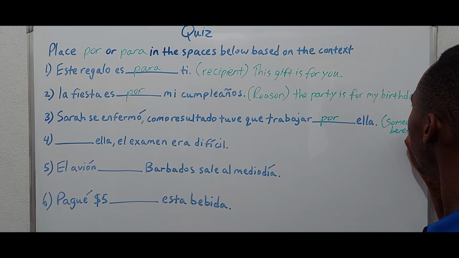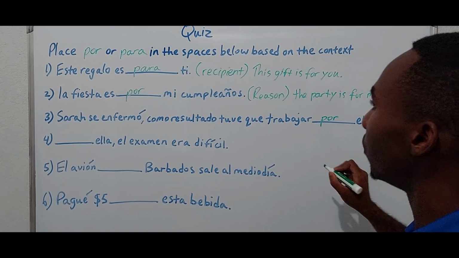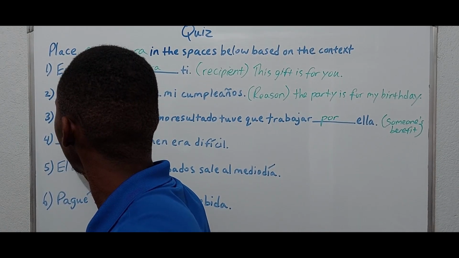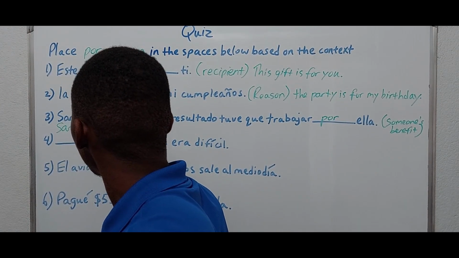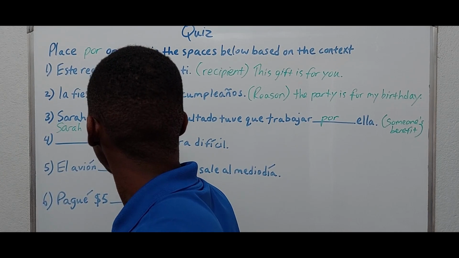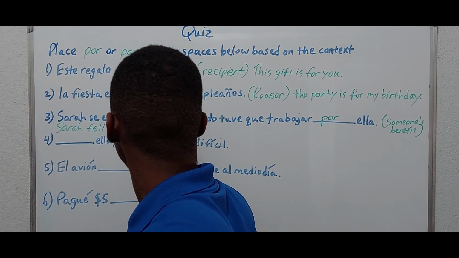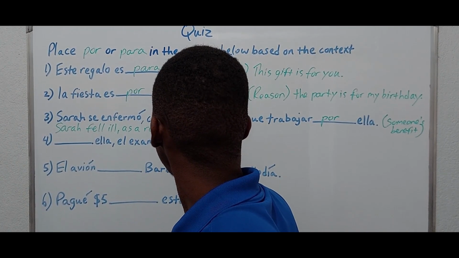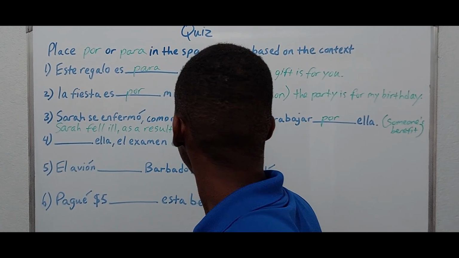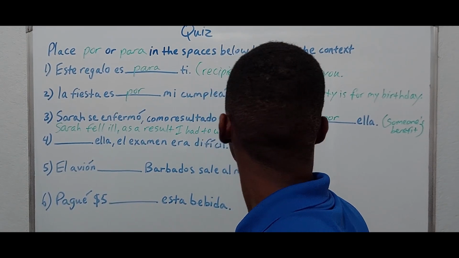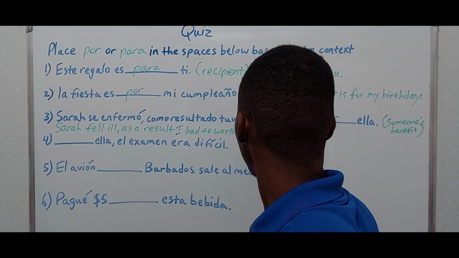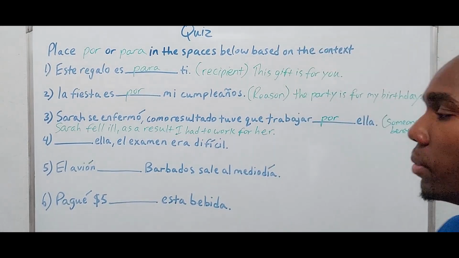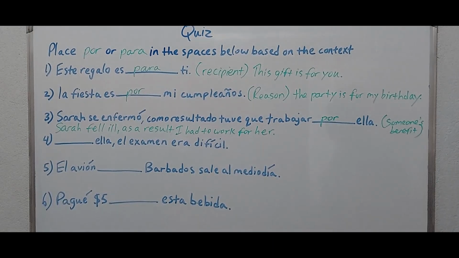Let's translate. Sarah fell ill, as a result I had to work for her. And for in this case would mean on behalf of, right?